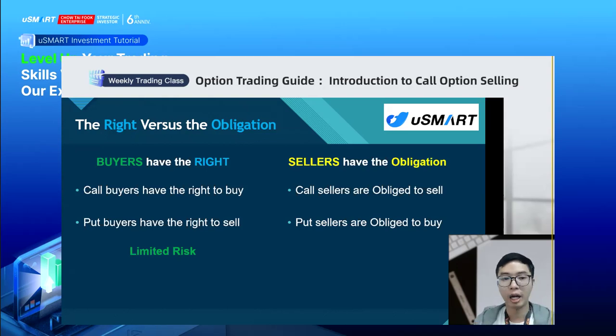Call buyers, you are looking for the price to go up. You earn from the uptrend of the market. While for call sellers, you don't want the market to go up. You want it to go sideways or down, because call sellers want to earn the premium.